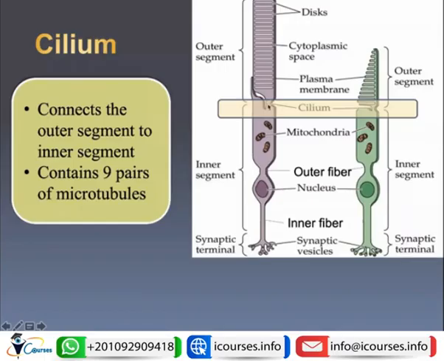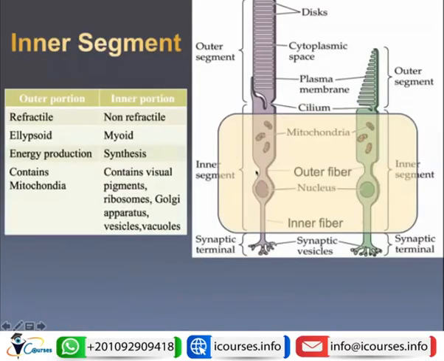If we have a cut section through the cilium, it will show 9 pairs of microtubules, as you can see here. Its main function is to support the growth of the discs from the mitochondria and the nucleus. So it is just a connecting stalk between the outer segment and the inner segment.